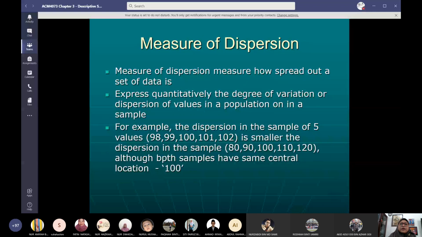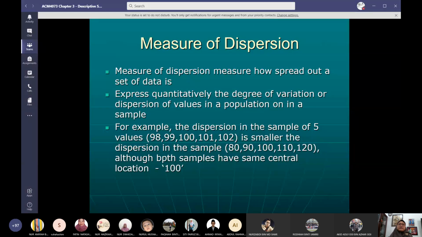Next we go to measures of dispersion. Finished with the measures of central tendency. Now we look at measures of dispersion. Measure of dispersion measures how spread out a set of data is. Spread out means what is the width? How big is your data?